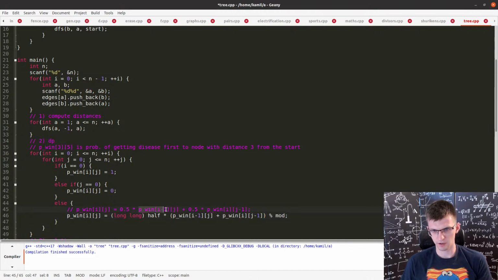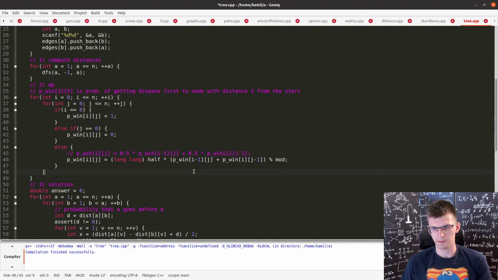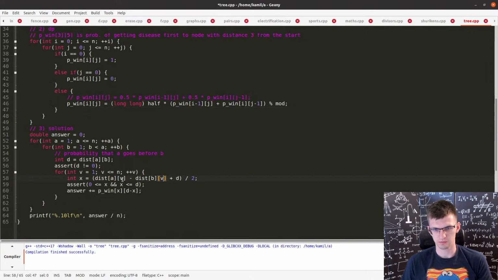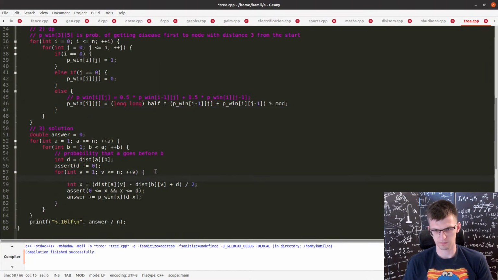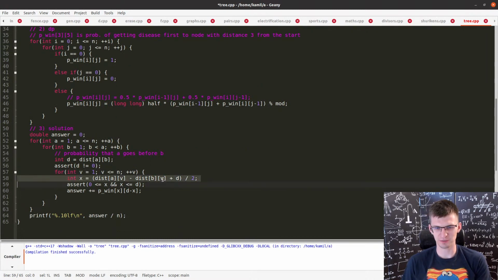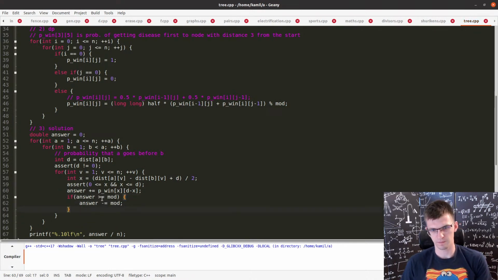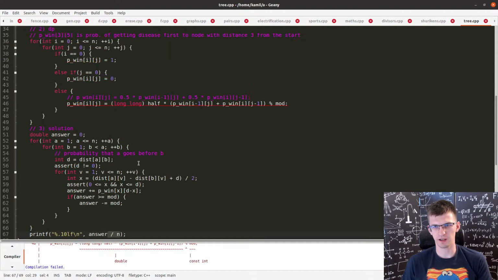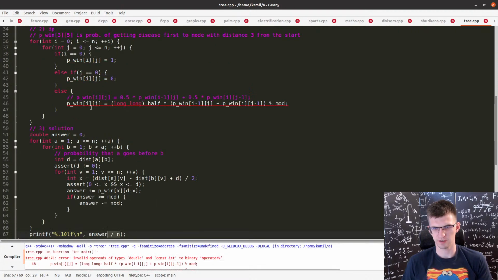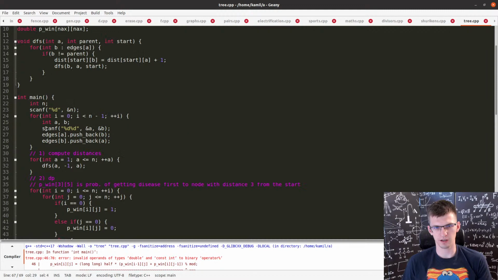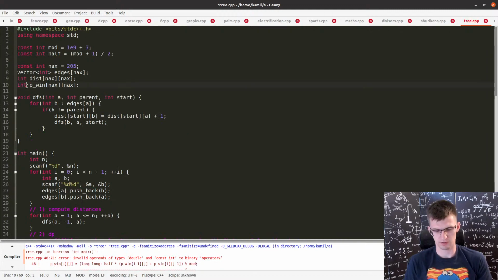Right, this is half times this plus that. Alright. This is not without modulo, that's something else. Answer plus that, right? And finally divide by n, that will be the trickiest part. Double, no double now. Just int.